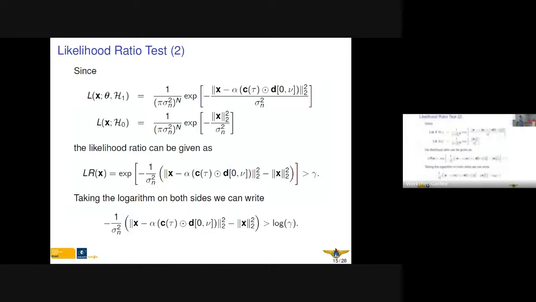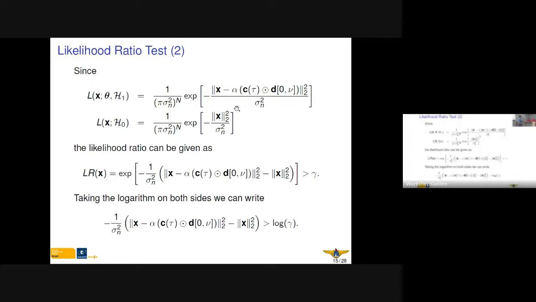Now we can look into what the Neyman-Pearson lemma really means. We have the likelihood of the hypothesis 1, so the satellite is present, dependent on theta also, and then we have the other case that only noise is present, so X has the distribution of the noise.